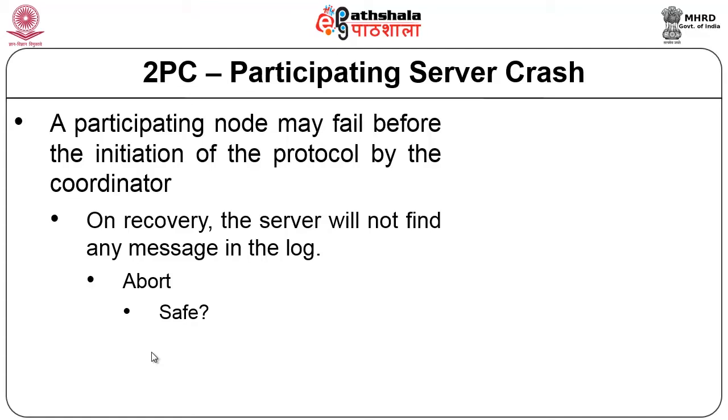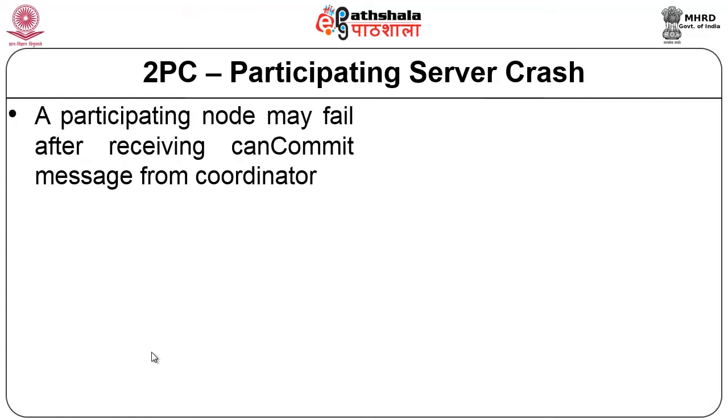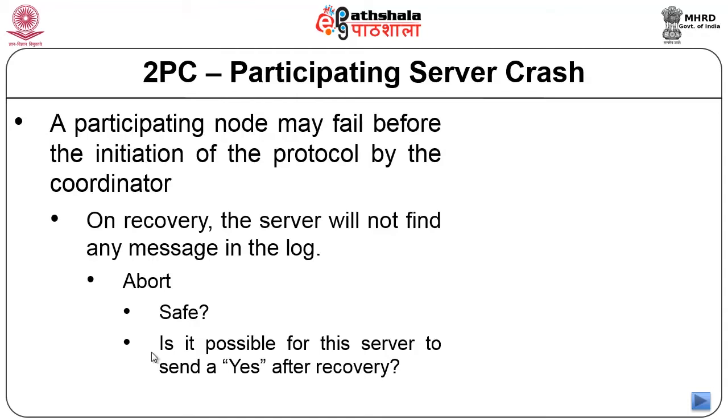It is completely safe, because if other participating servers have said can commit without any decision from this specific server, the coordinator would have taken an abort decision, would have timed out, would have not received all the responses.